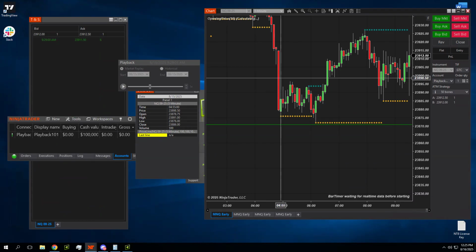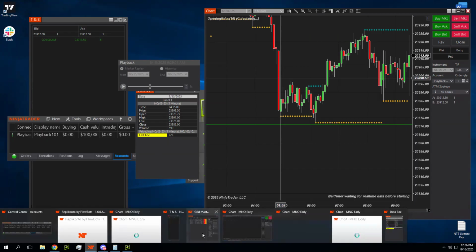I got a lot of stuff loaded on here. It should not take this long to load, but I'll figure that out. It's moving a lot faster than it used to once I cleared the cache. Oh, well, I don't have the bot out. There's a bot.